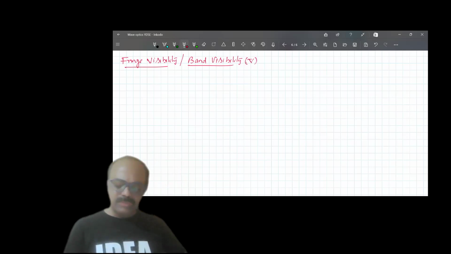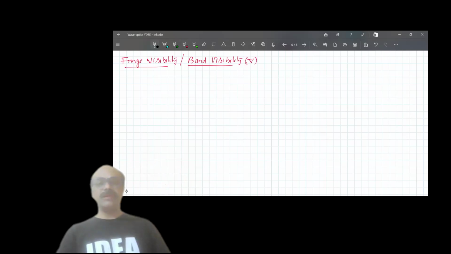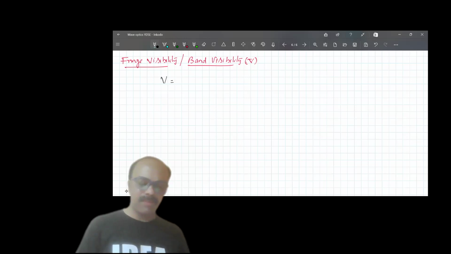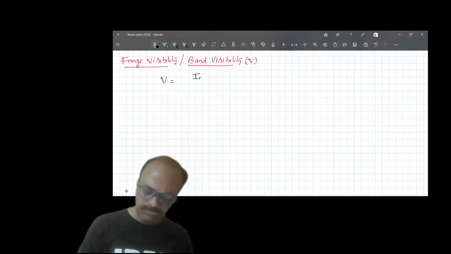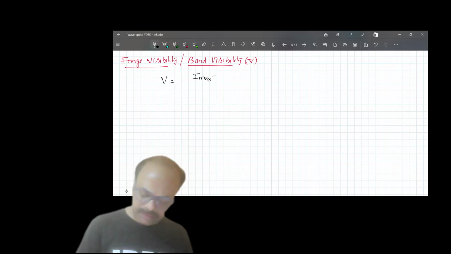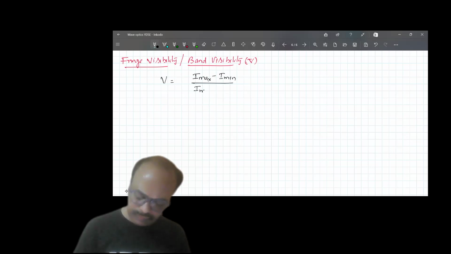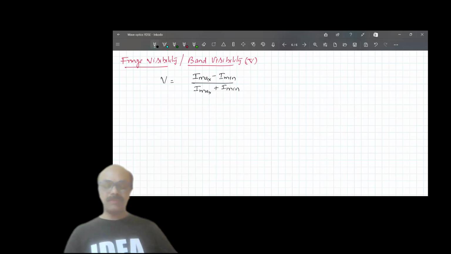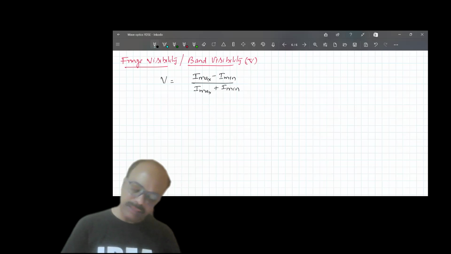So what is the formula for the band or fringe visibility? V equals I maximum minus I minimum, by I maximum plus I minimum in the denominator.